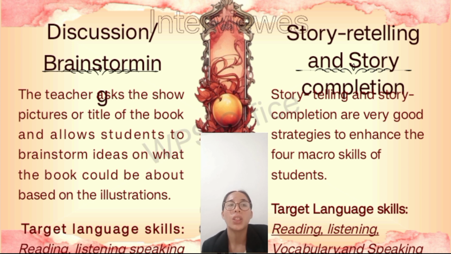Story retelling and story completion are very good strategies to enhance the macro skills of the students. The target language skills are reading, listening, vocabulary, and speaking. After reading, students are given a chance to retell the story creatively.